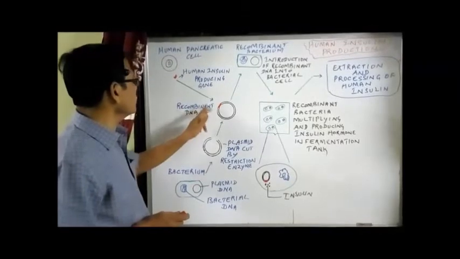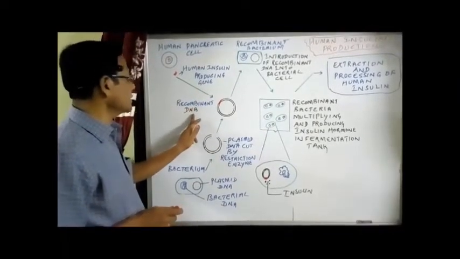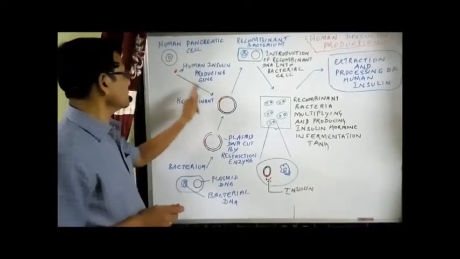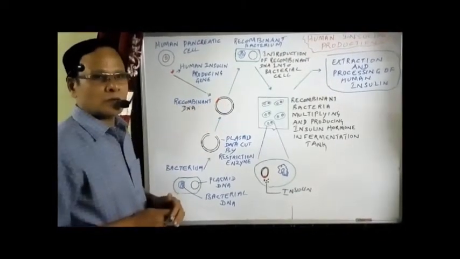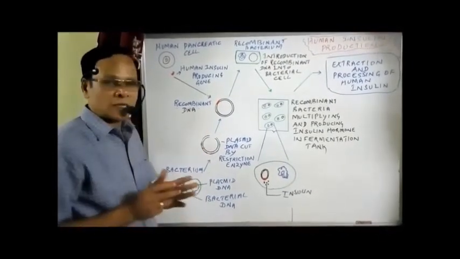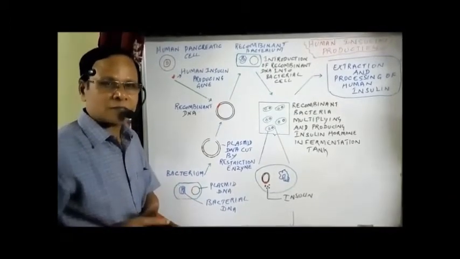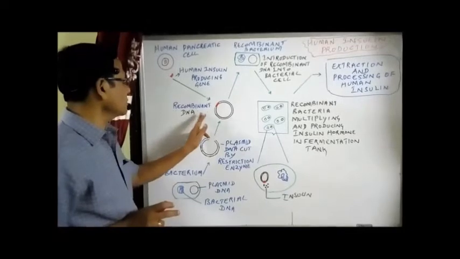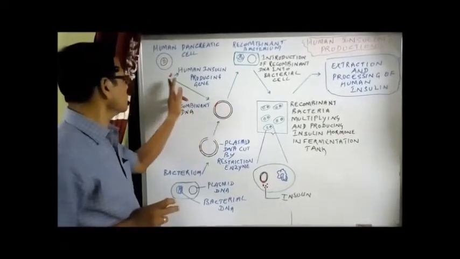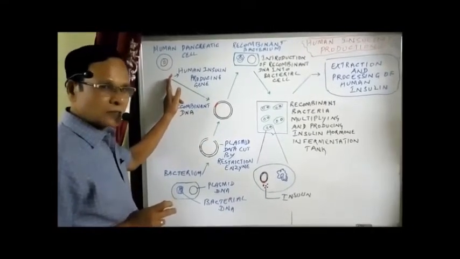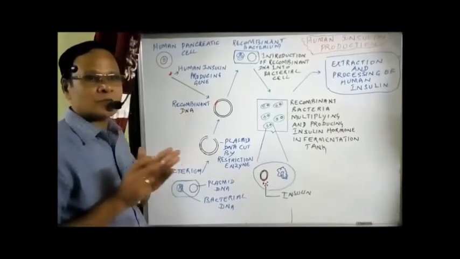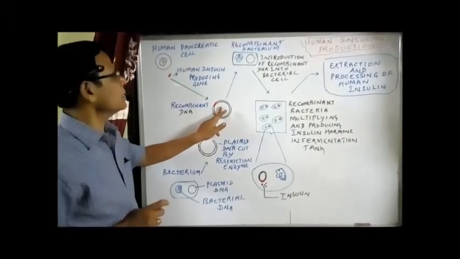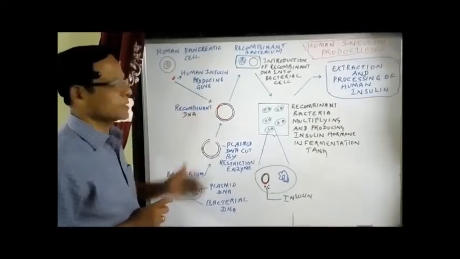Next, we make the recombinant DNA by inserting the gene of interest into the plasmid. The cutting is done by the restriction endonuclease enzyme, which acts as molecular scissors. The joining of the cut-open plasmid with the gene of interest, here the human insulin gene, is done by the enzyme ligase. The product is called hybrid DNA, or recombinant DNA.